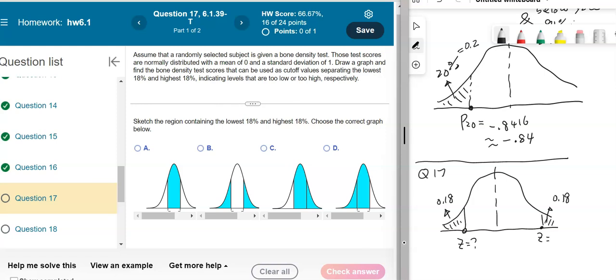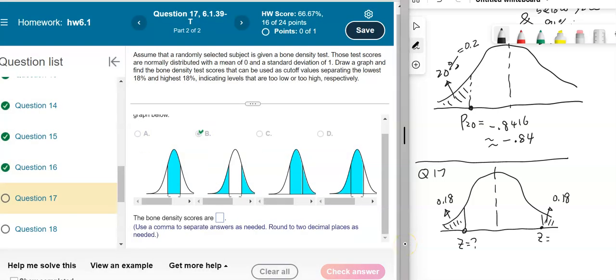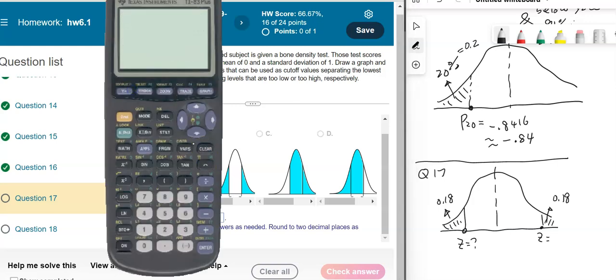So all you have to do is, well, we're gonna shade this guy for sure, and then check answer, and then okay, and then the scores, the z-score. So go to calculator. I'm gonna clear everything. So second bars, and then inverse norm, and then you're gonna put 0.18. Then they're gonna give you negative number. So this is negative 0.9153. So that must be positive 0.9153.